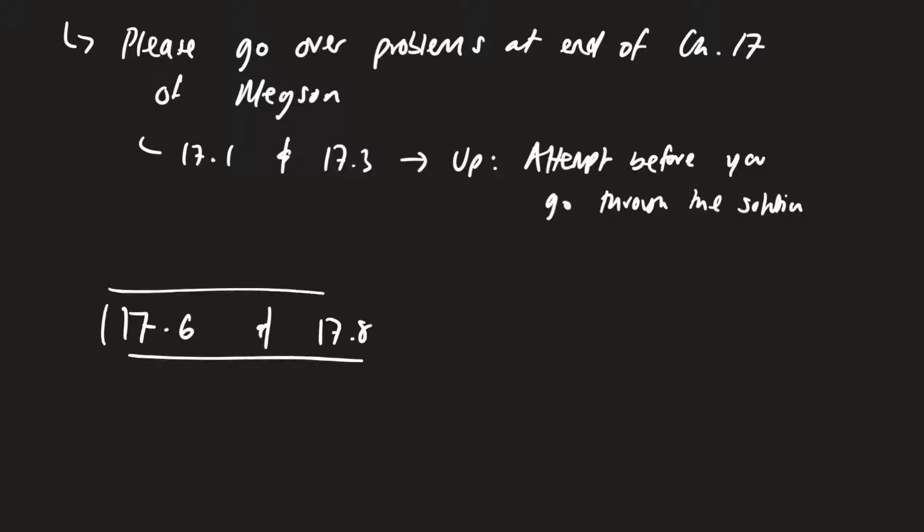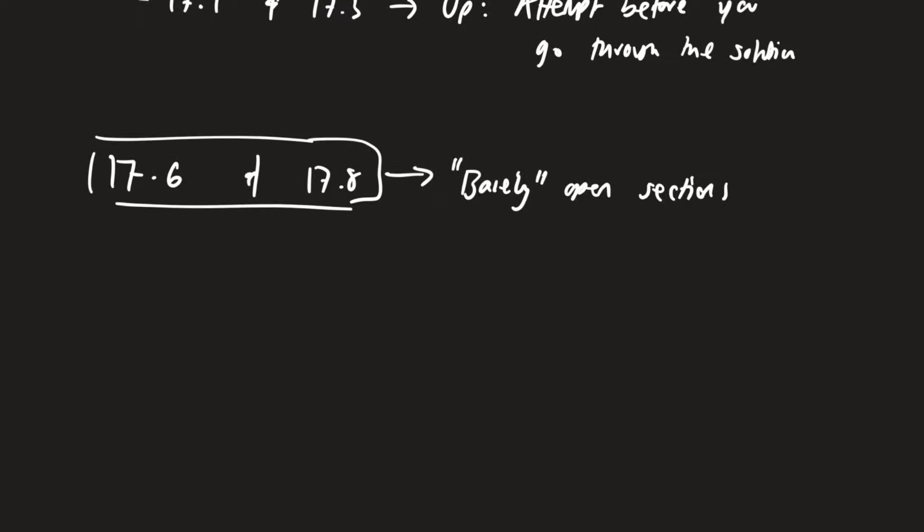Both of these are effectively open sections, sections that have been cut, with an infinitesimal gap in them. So they're open sections, and you're being asked to determine the shear centre.